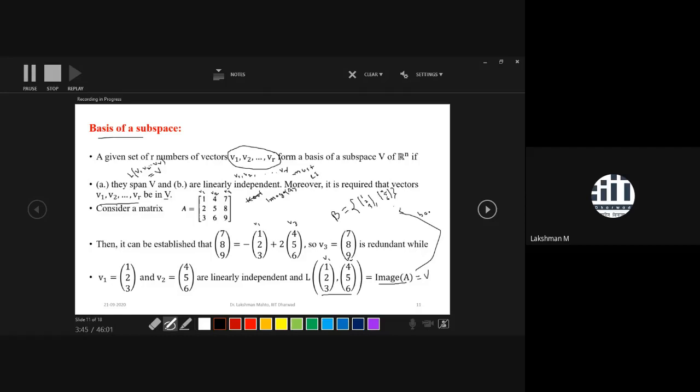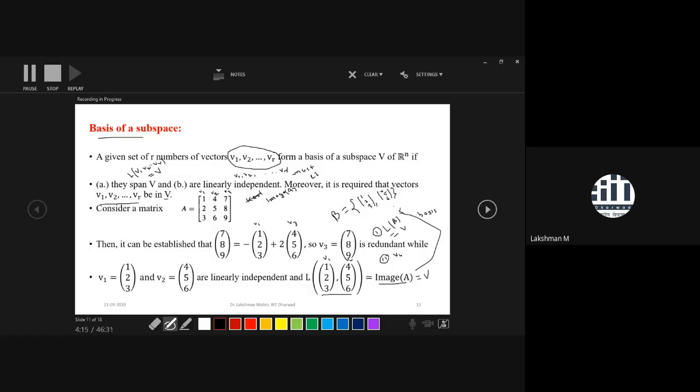You have to look into two properties. One property says that it must be the linear span of V. You have already seen that it is a linear span of V, so the first property is already guaranteed. That means the linear span of beta, where beta contains only two vectors, is equal to the image of A. And the second property it also satisfies: you can easily say that V1 and V2 are linearly independent.